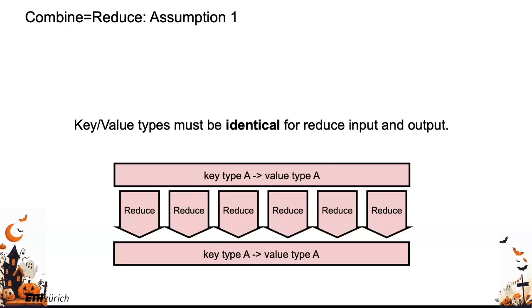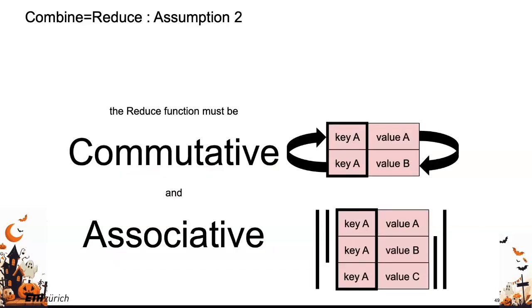So if you use the same as the reduce function, then it means the output type must also have the same type as the intermediate type. Am I making sense? Right? Okay. So that's the first assumption. If we don't have the same type for intermediate and outputs, then we cannot reuse the reduce function as a combine function. My second assumption is that my reduce function is both commutative and associative.